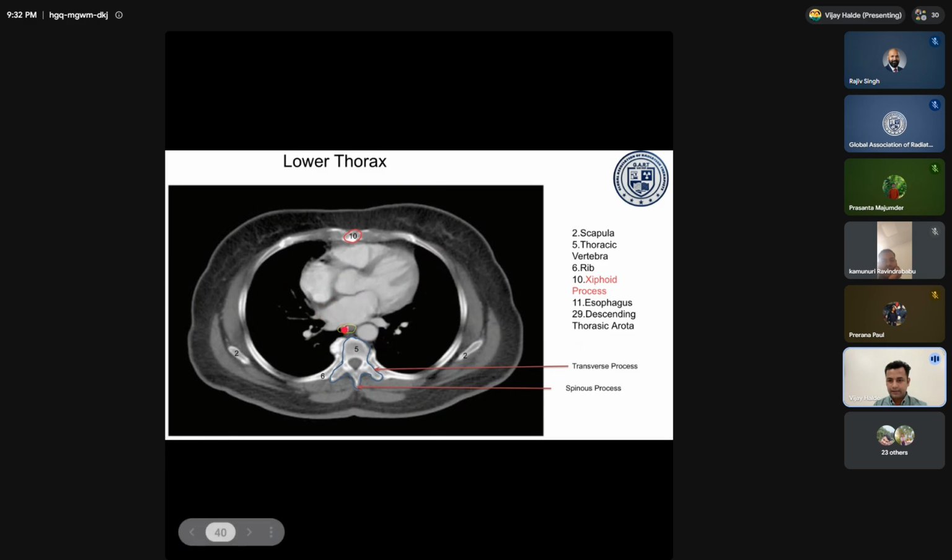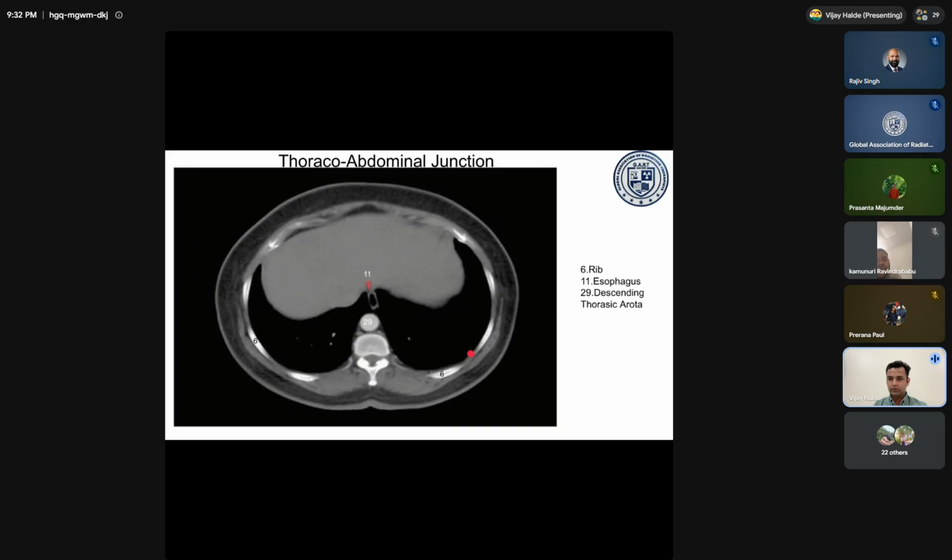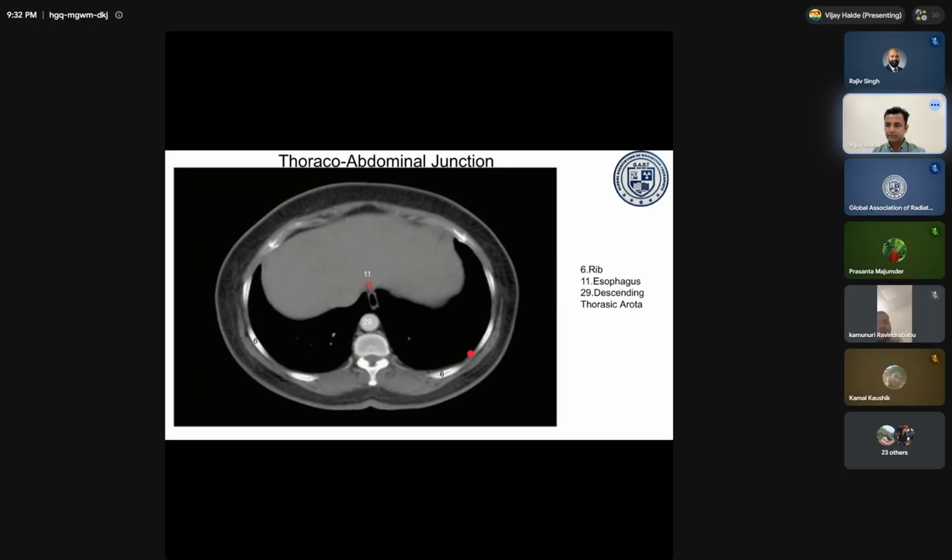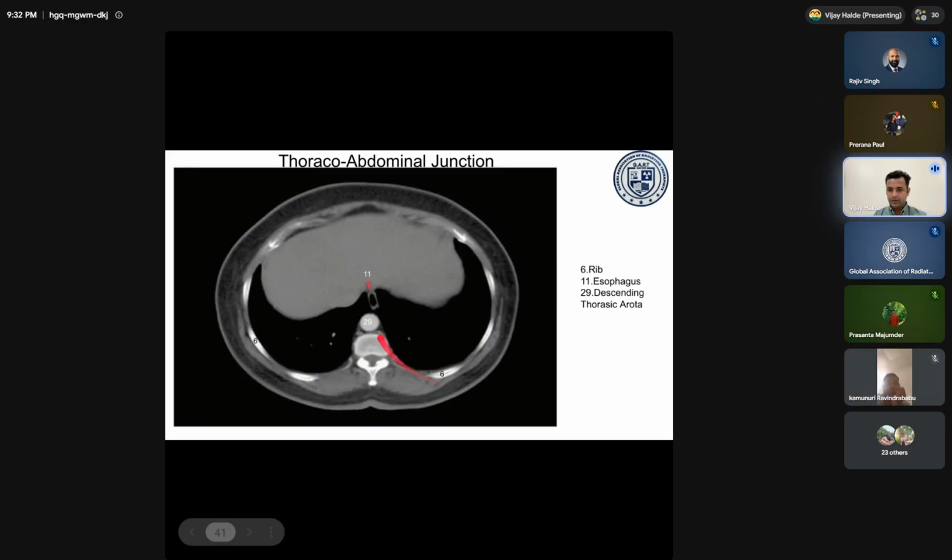So the descending aorta is visible here. This is the descending aorta. Xiphoid process, this number 10 denotes. Second number is the scapula. So the thoraco-abdominal junction. Sixth is the rib. This is the descending aorta.